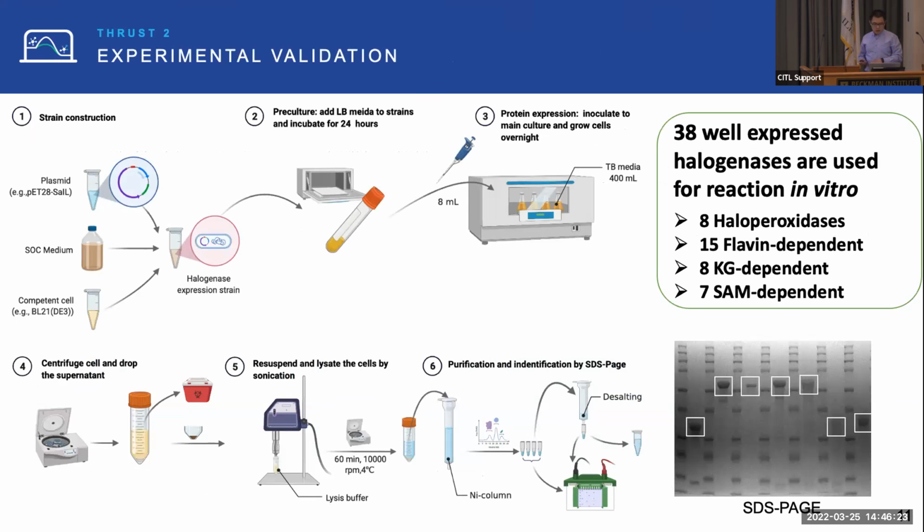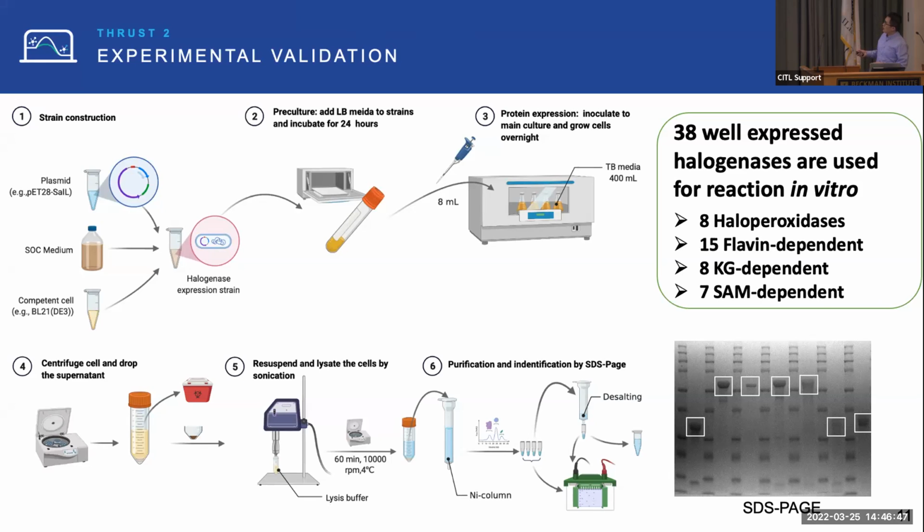So let's talk about the experimental validation. To get such high throughput reactions, we should set up a general experimental pipeline. Here we set up the general experimental pipeline to get the purified enzyme.